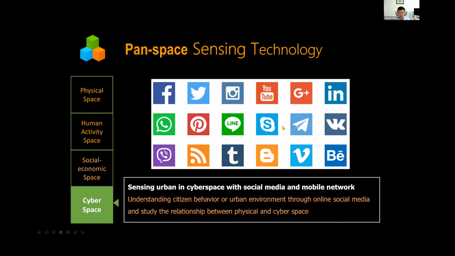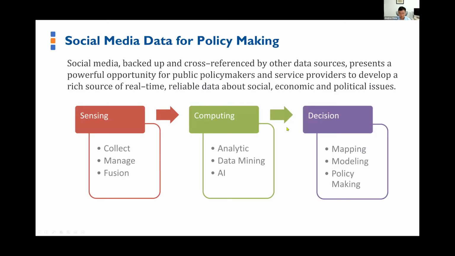The last is today's main topic, the cyberspace: sensing urban cyberspace with social media and mobile phone data like Twitter and Facebook. The objective is to understand citizens' behaviors or the human environment through online social media and study the relationship between the physical space and the cyberspace.